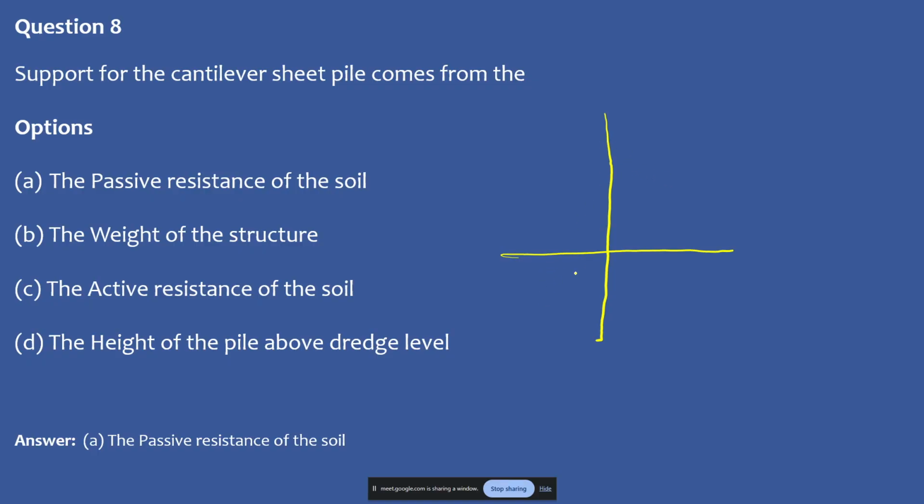So the major resistance is given by the soil which is available at the embedded ground, and this is the particular soil stress which is acting on the pile, and this particular resistance is the passive resistance of the soil. So the correct answer is A, the passive resistance of the soil.